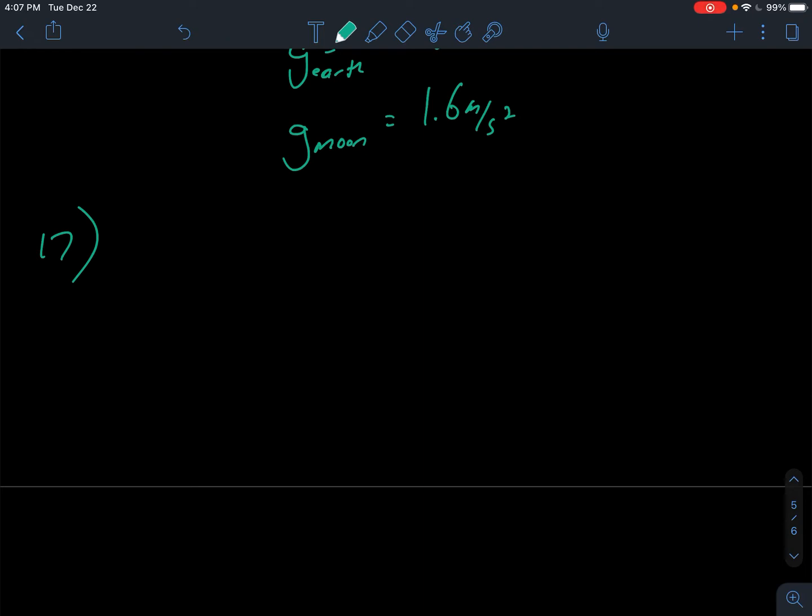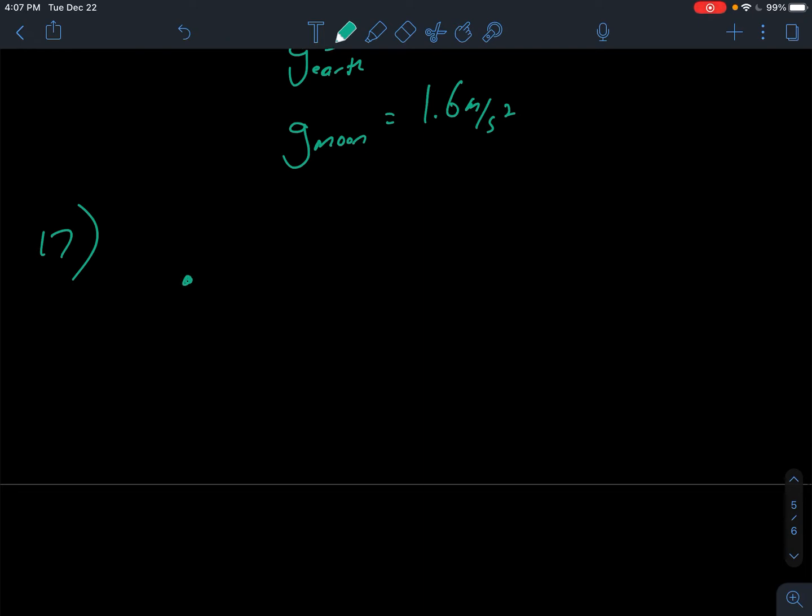So let's say this bag, let's draw a force diagram. I'm good with basic shapes. So we got gravity, it weighs 40 newtons, down.